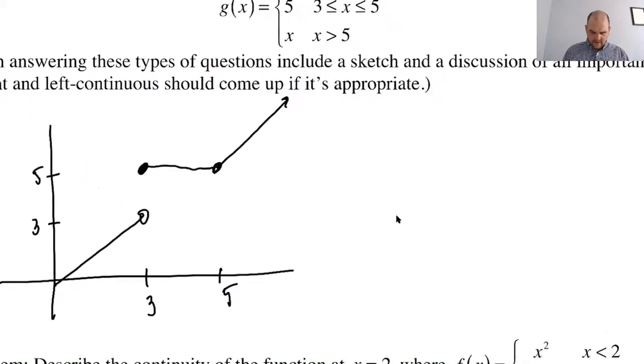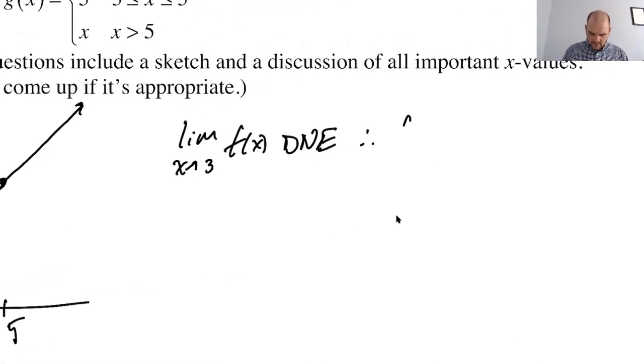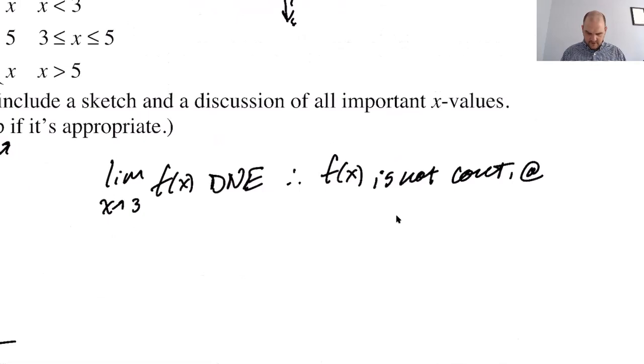So I'm going to say the limit as x approaches 3 of f of x does not exist. Therefore, f of x is not continuous, it can't be continuous at x equals 3.